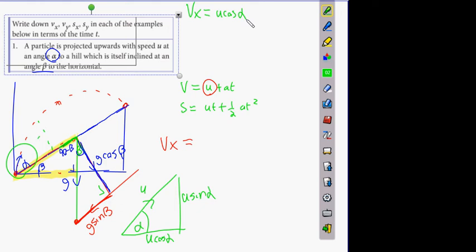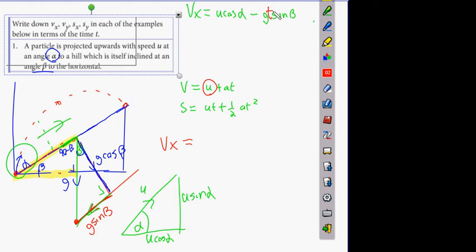We're going this way, however gravity is going that way, so it's being taken away from it. So it's going to be minus G sine B multiplied by time. Gravity times time. You'll see in all my solutions I don't like the t beside the angle, so I always put it in here. Minus GT sine B. Okay?